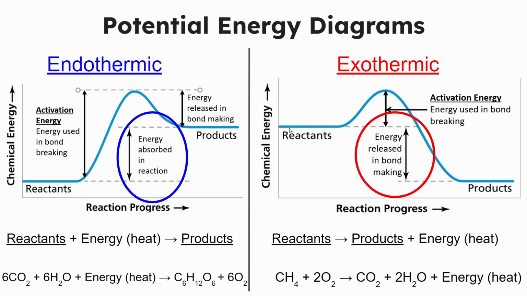Here I have an energy level of a system. It requires a certain amount of energy to start. And then the reaction happens. And then I see at the end of the reaction, my level of energy is a lot lower than where it started. So this would be considered an exothermic reaction. Energy left the system. So this would be any type of reaction that we feel as being hot.